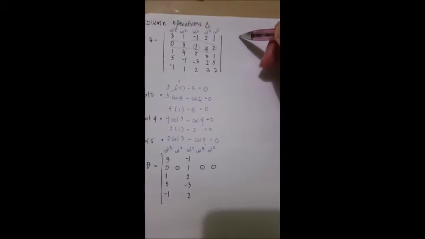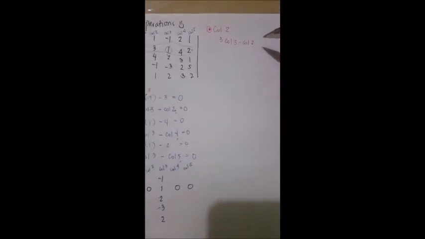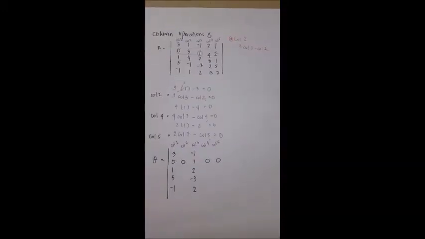So, take note, our equation is 3 column 3 minus column 2. So, our first number is negative. Okay, so this is our guiding equation for column 2. We have 3 column 3 minus column 2.